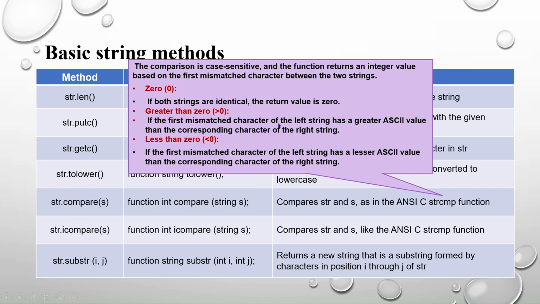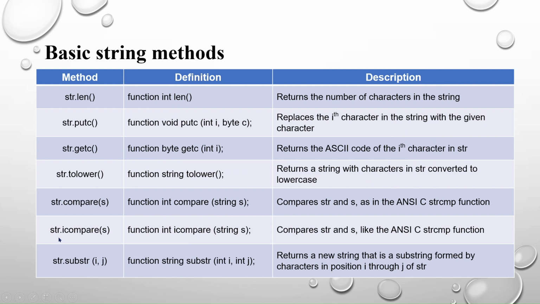If the first mismatched character of the left string, that is str, has a greater ASCII value than the corresponding character of the right string, it will give a value greater than 0. And if the left character is less than the right one, it will give a value less than 0, negative values. Like this it will return.